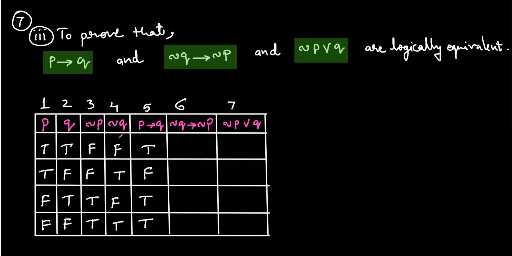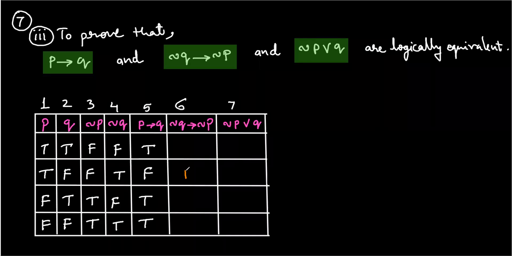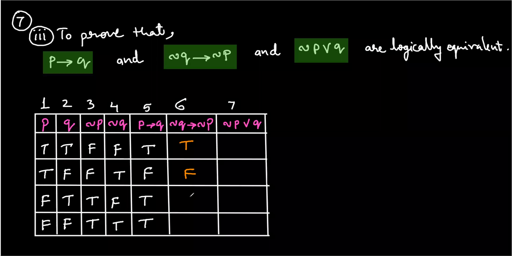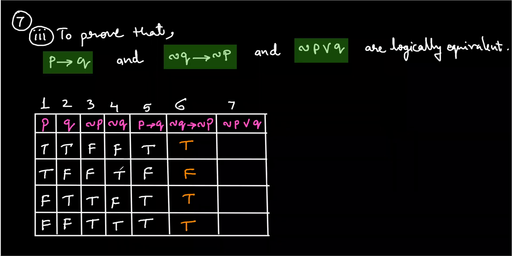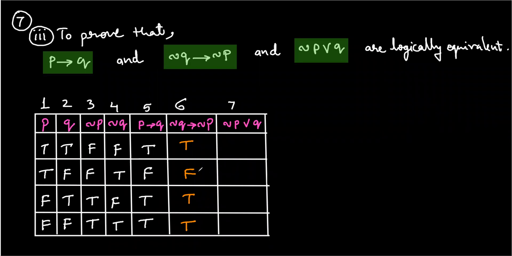Check where is true implying false. Here it is. So here you will write false and rest all are true. Is this true implying false? No, so it is this one, correct.